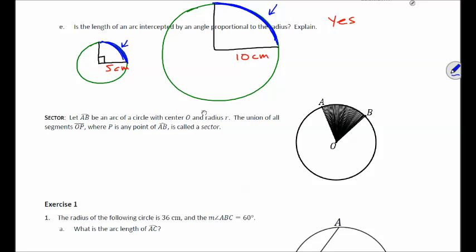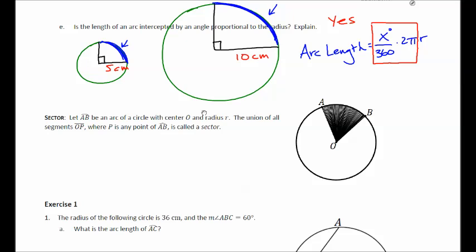Well, I'm going to go back to our equation, and the arc length is equal to x degrees out of 360 times 2 pi r. And if you notice it, this right here, if we keep the angle, we keep x constant, we don't change the angle, then that angle divided by 360 times 2 pi will be constant.